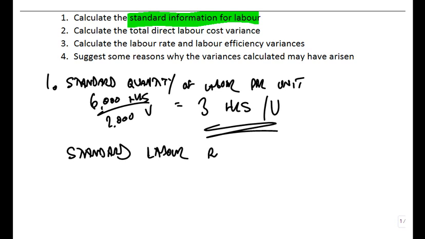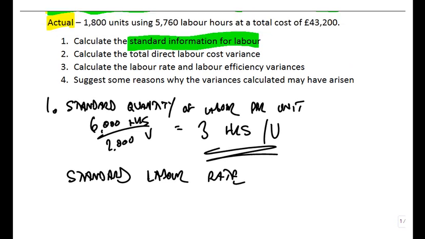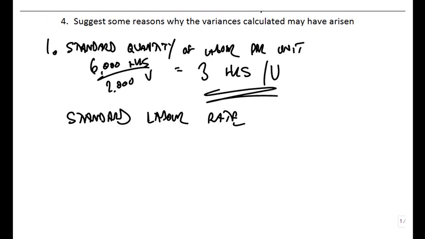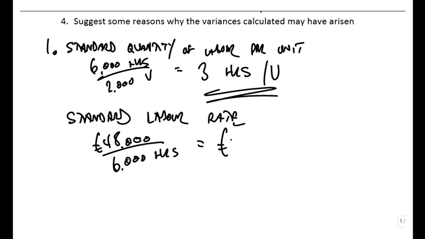Something else we can calculate is the standard labour rate, because we know that that 6,000 labour hours is expected to cost £48,000. So if I take £48,000, divide by 6,000 hours, that's a standard of £8 per hour. That's what I must be expecting to pay my staff.